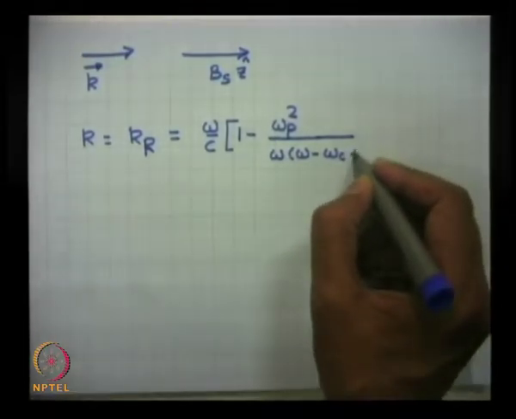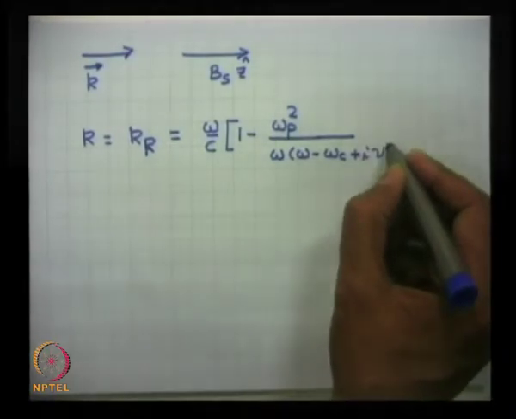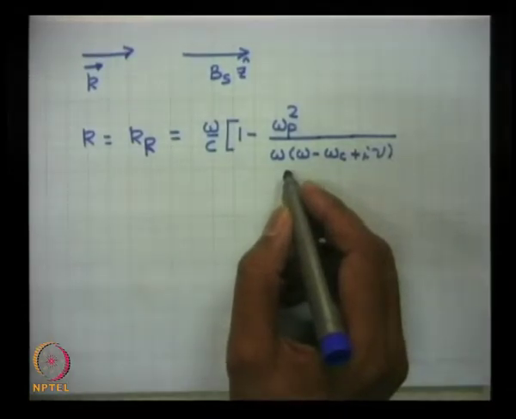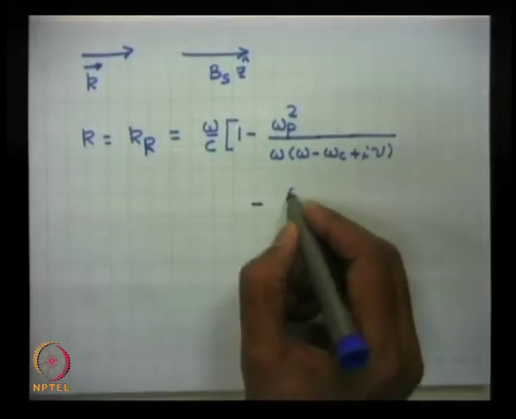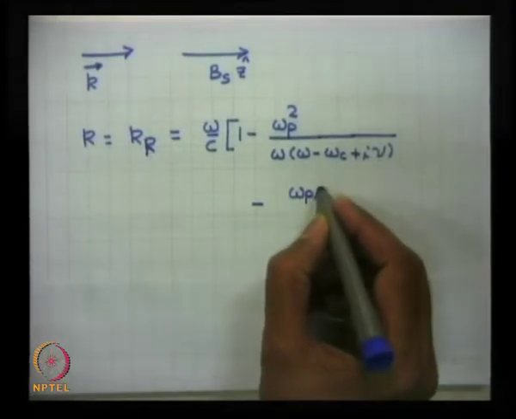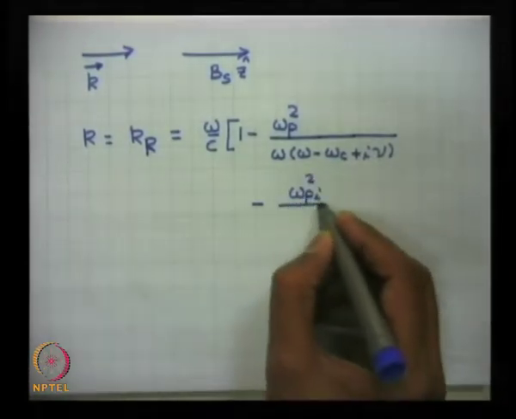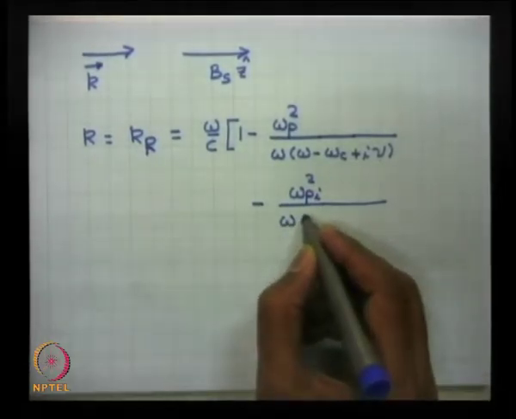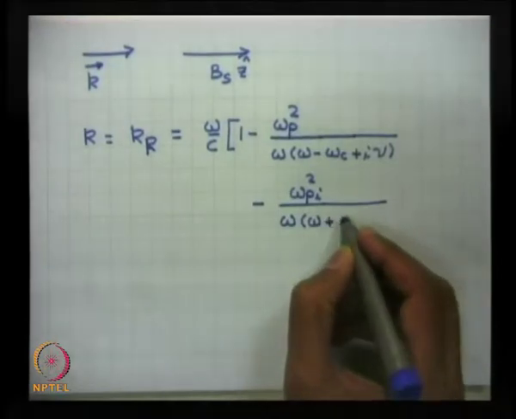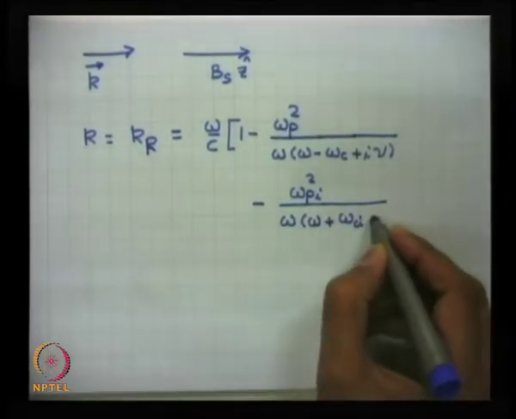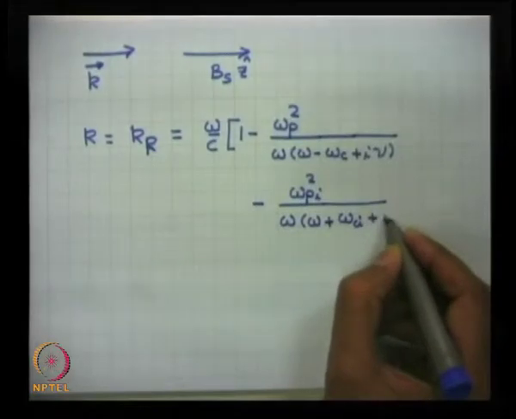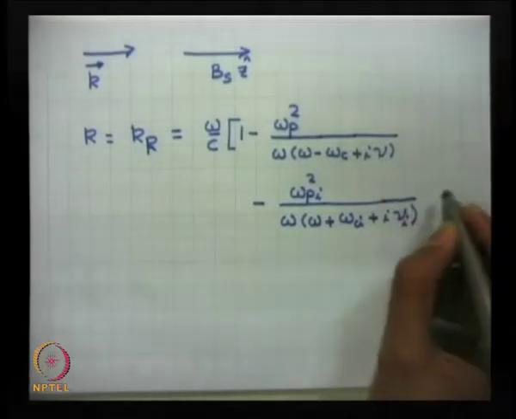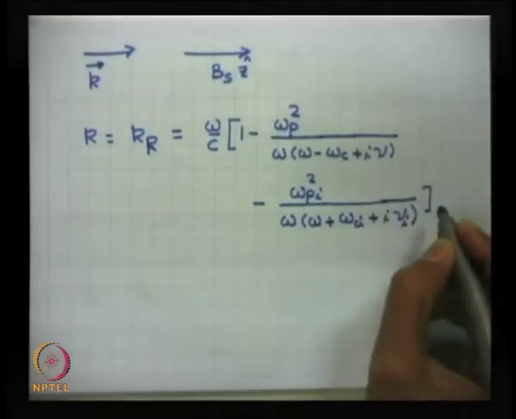Then there was a term here plus i times the collision frequency nu. This is the electron contribution to k, and the ion term was omega pi square, the ion plasma frequency square, divided by the frequency of the wave omega into omega plus omega ci, plus i times the collision frequency of ions, all to the power half.